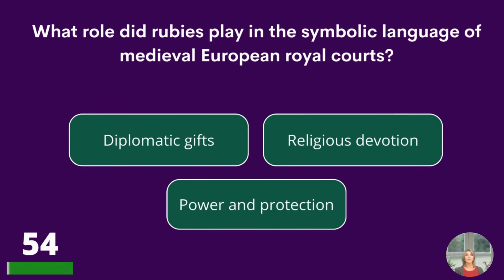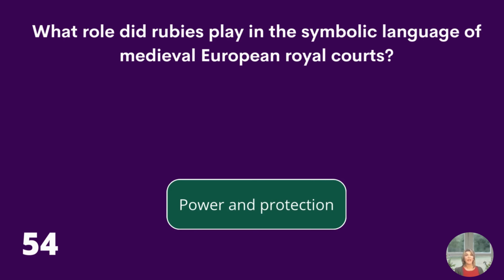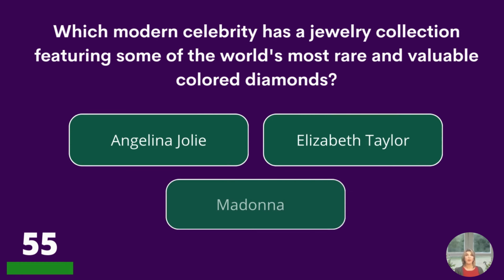What role did rubies play in the symbolic language of medieval European royal courts? Power and protection. Which modern celebrity has a jewelry collection featuring some of the world's most rare and valuable colored diamonds?